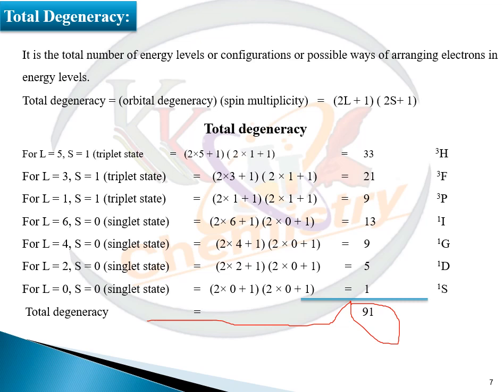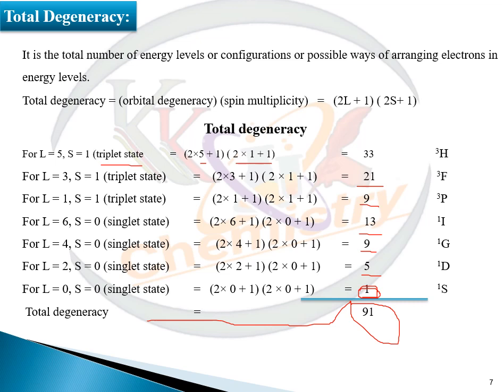Okay, for L is equal to 5, multiplicity is triplet, put it in this formula, so 33 states are over here in H, 21 in F, 9 in P, 13 in I, 9 in G, 5 in D, and 1 in S.